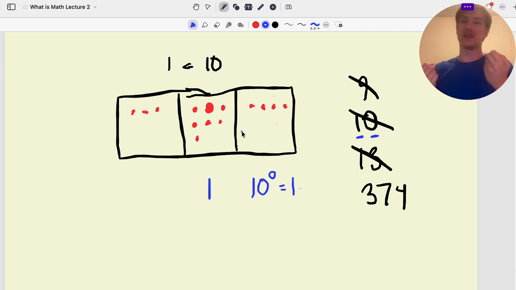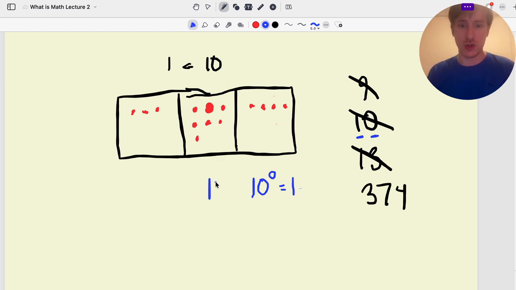So if I wanted to represent one more than this, like 375, then I would add one more dot to the rightmost box. Okay? And so note that in the middle column, all of those dots had to come as a result of the explosion of 10 dots to the box on the right. And so each of those dots, in a way, is worth 10. They're worth 10 times as much as the right box.